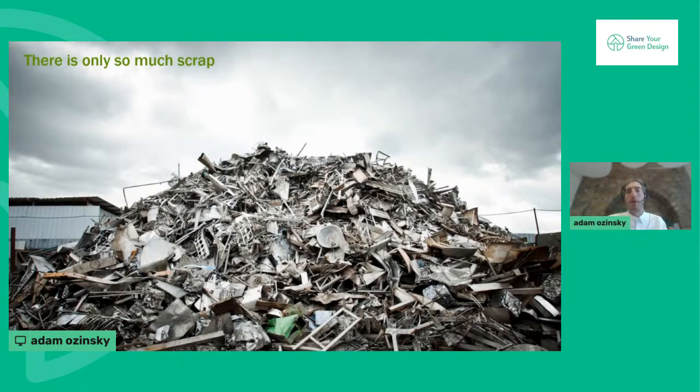So the idea that on my project, specifying high recycled content aluminium actually makes a difference to the global issue of climate change is fallacious. If I don't specify it, somebody else will. It will get used. And we need to somehow engage our clients and really have those conversations around this is one of the reasons why specification isn't the route out.